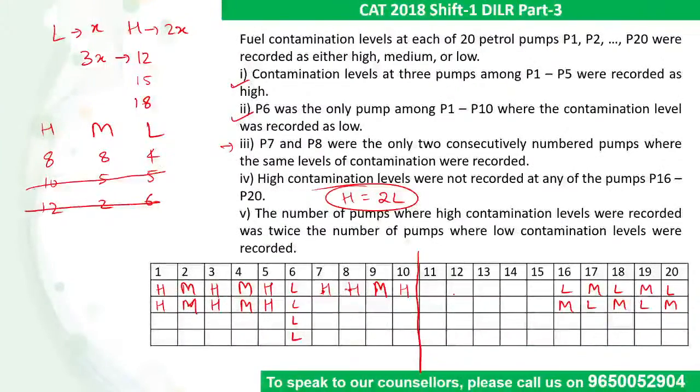So first I can determine: I have 6 high here, and I have to have 2 more high, so I can have 12 and 14 as high.